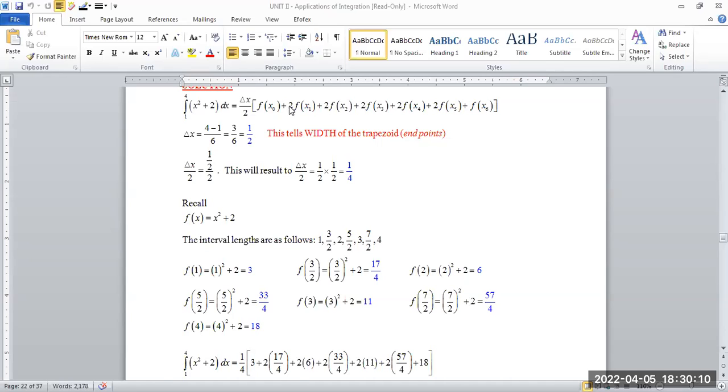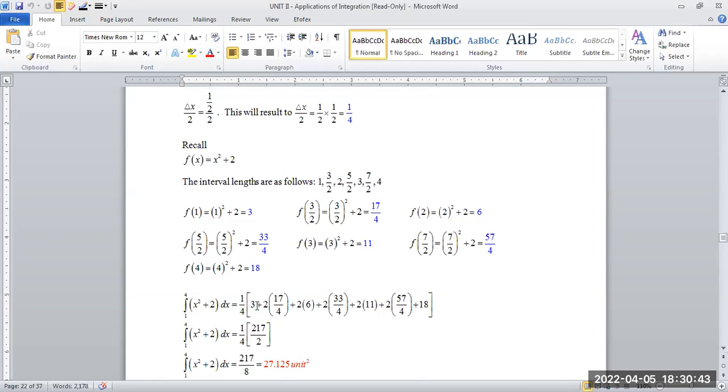Every other term has a multiple of 2 to it. Why? Because each middle term shares its base with the terms on either side, so it has 2 bases. Just the end one will be sharing just 1 base.